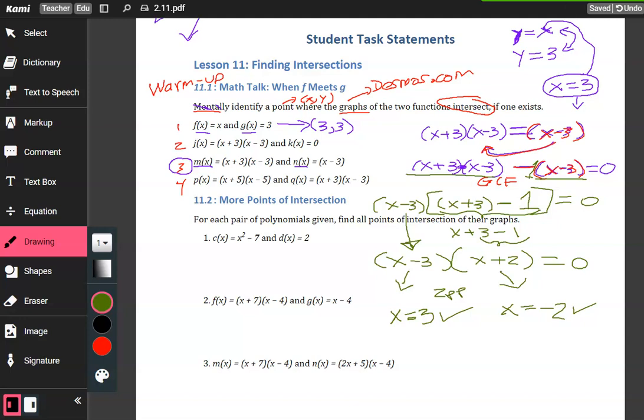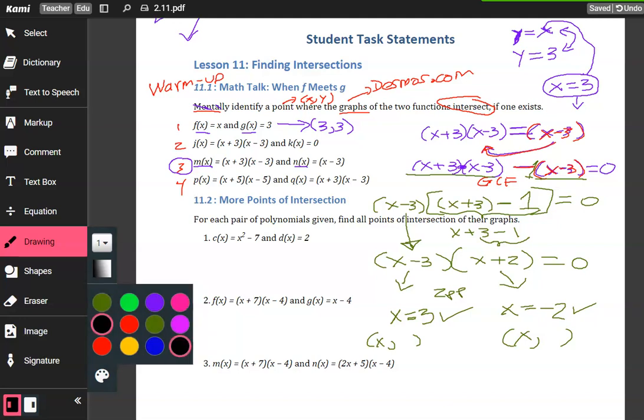Okay, but remember that the problem is not done here, because I want to find x comma y. I'm missing the y value. So this is how you find the y value. This is 3, by the way, and this is negative 2.